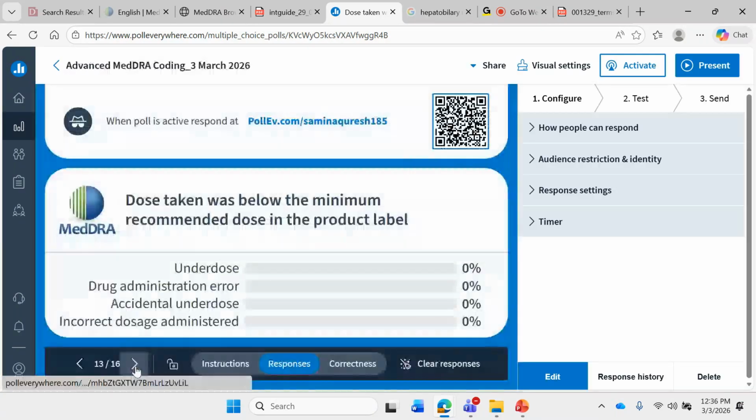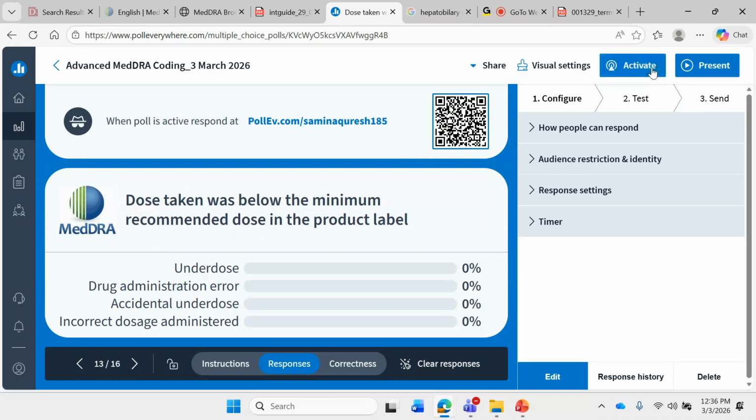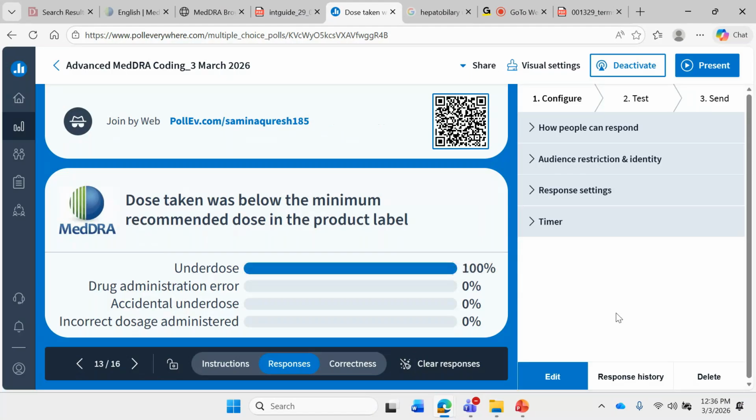Okay, how about this one? I'm going to activate it, number 13. Dose was taken below the minimum recommended dose in the product label. And remember, for one of these, we said unless it's explicitly stated, you can't code it.